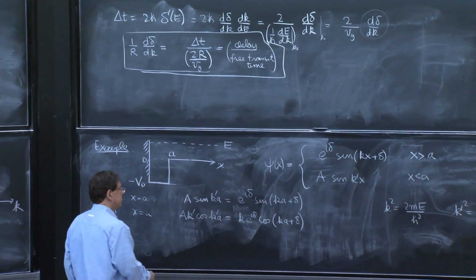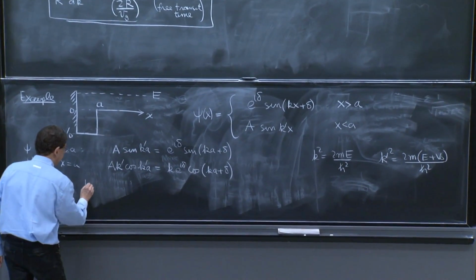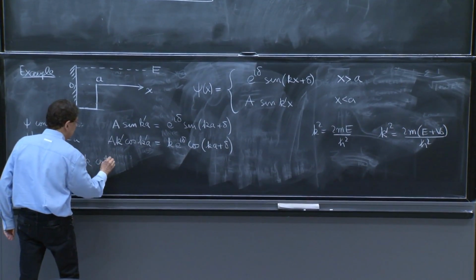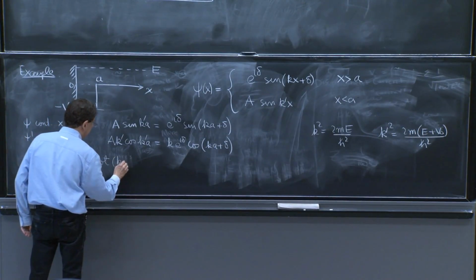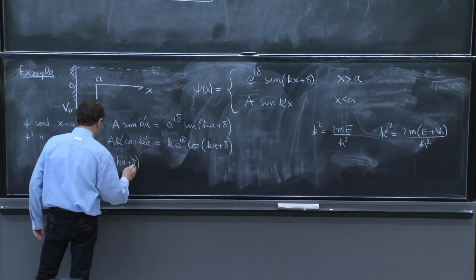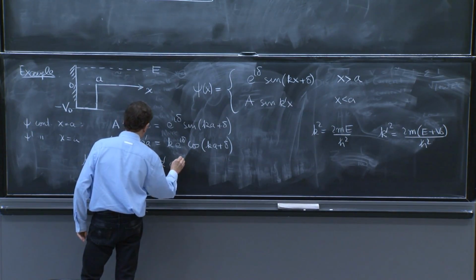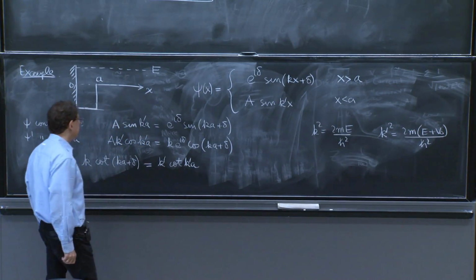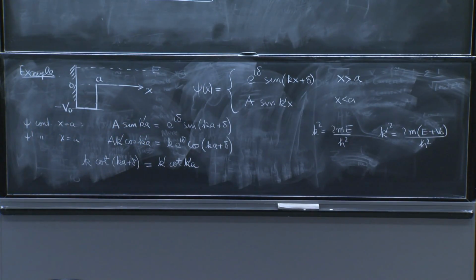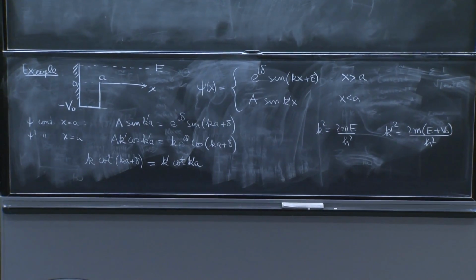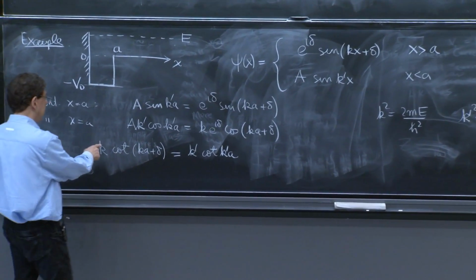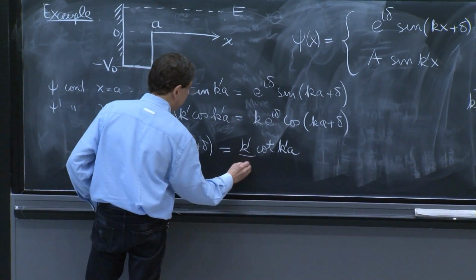So from that side of the equation, you get k cotangent of (ka plus delta) is equal to k prime cotangent of k prime a. Or cotangent of (ka plus delta) is k prime over k times cot k prime a.